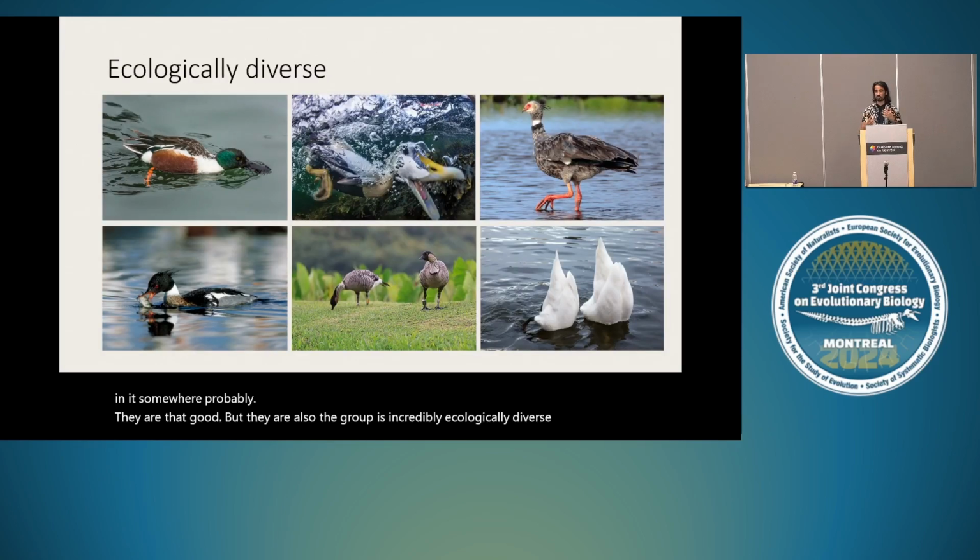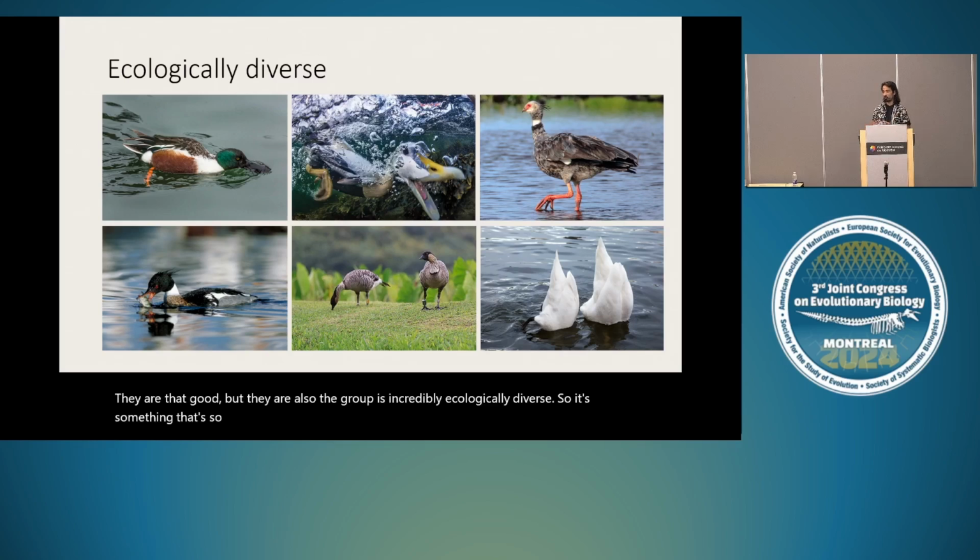For something that's so morphologically conservative, where everyone can point at a duck or a goose and a swan and say they're closely related, they have a really wide range of ecological diversity in diet and habitat, possibly one of the widest in birds. We have planktivorous filter feeders, herbivorous terrestrial species, diving species that eat crabs, and species that eat fish. It's a really diverse group.